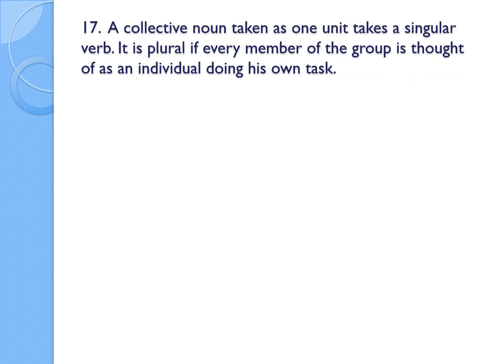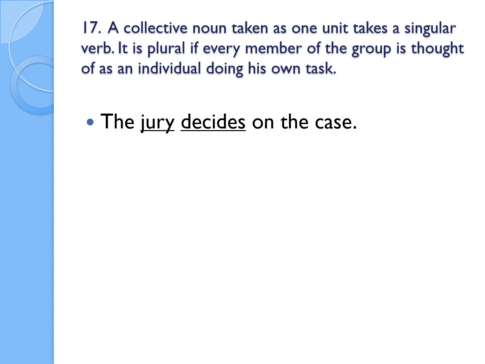A collective noun taken as one unit takes a singular verb. It is plural if every member of the group is thought of as an individual doing his own task. Example: The jury decides on the case. So the jury is a collective noun taken as one or single unit. That's why the verb is decides, a singular verb.